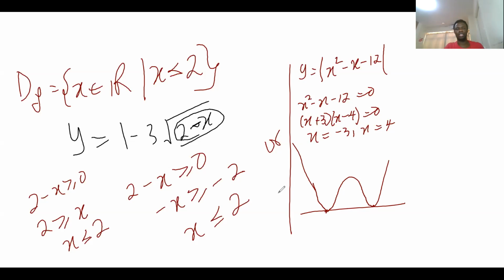All right. So let's see on the plane. X squared minus x minus 12. Can we see that? You see? So it goes, where does it turn anyway?